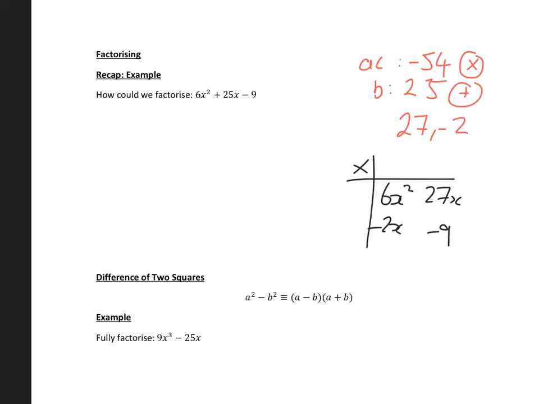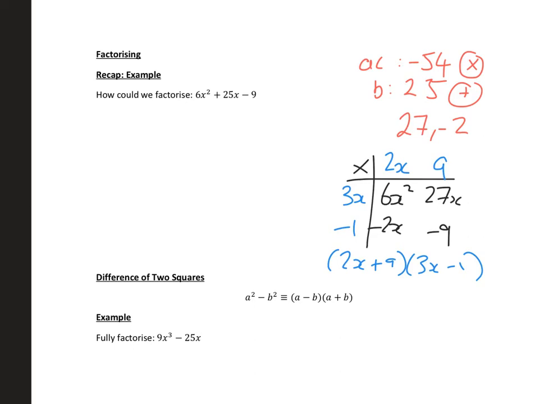So 6x squared and minus 2x, I can take out a 2x, and then 2x times 3x gives me 6x squared, and 2x times minus 1 gives me minus 2x. Then 3x times 9 gives me 27x, and just to check, minus 1 times 9 does give me minus 9. So my factors are 2x plus 9, 3x minus 1.